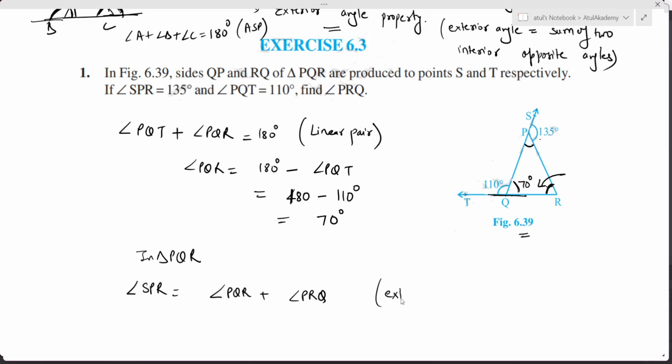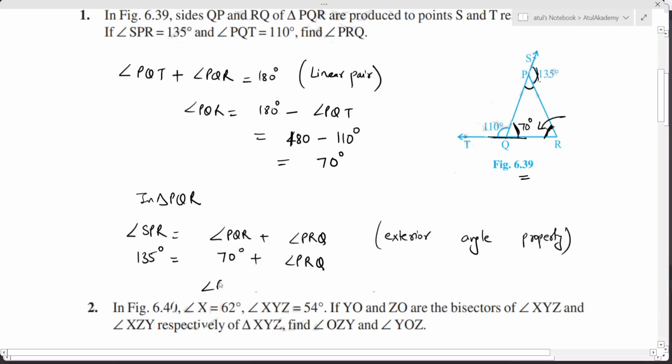What will I write over here? Exterior angle property. Clear what I did, students? I have used the exterior angle property, that this angle is equal to the sum of the interior opposite angles. This angle is 135 degrees, PQR I just found is 70 degrees, and I have to just find PRQ. So what will be PRQ now?